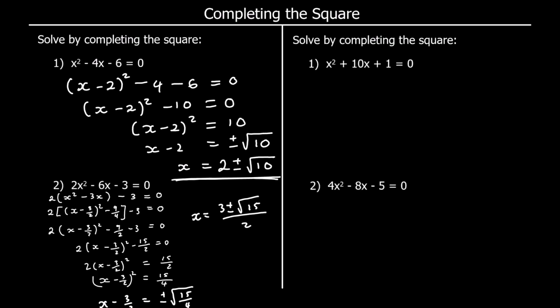So the first one, so we're halving the b, so that's going to go to 5. Take away 5 squared plus 1. So x plus 5 squared minus 24 is equal to 0, plus 24 to both sides.